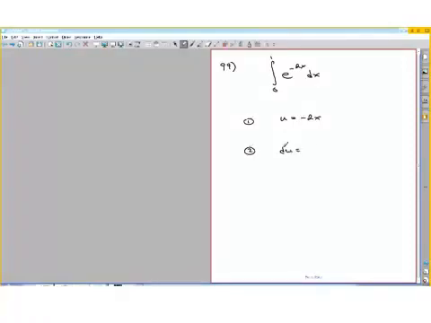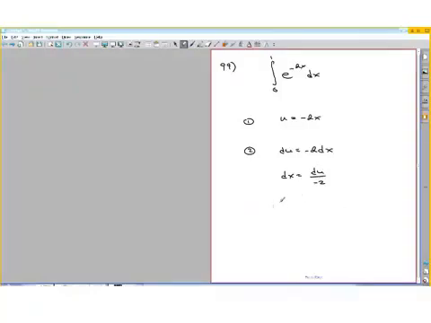Then we calculate du, which is 1 times negative 2 times dx. We look back at the original equation, see that we only have dx, so we solve for dx. That's going to be equal to du divided by negative 2.